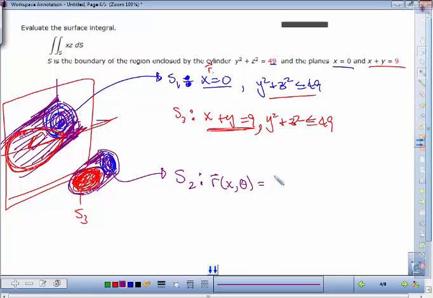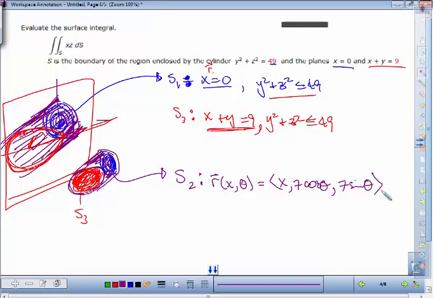And so what's going to happen is that the x is just going to be the x, and we're going to need restrictions on the x. The y is going to be, this is where you do the sine and cosine. R cosine theta, but we're going to use r is equal to 7. And then the z is going to be the other trig function.